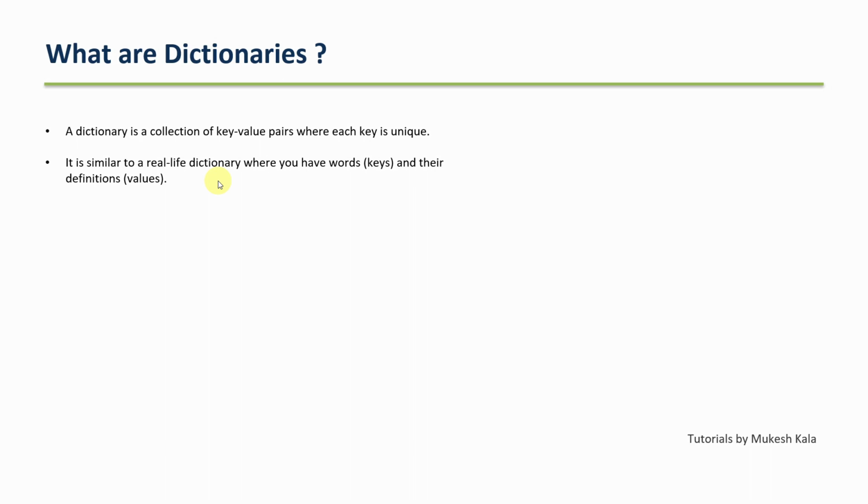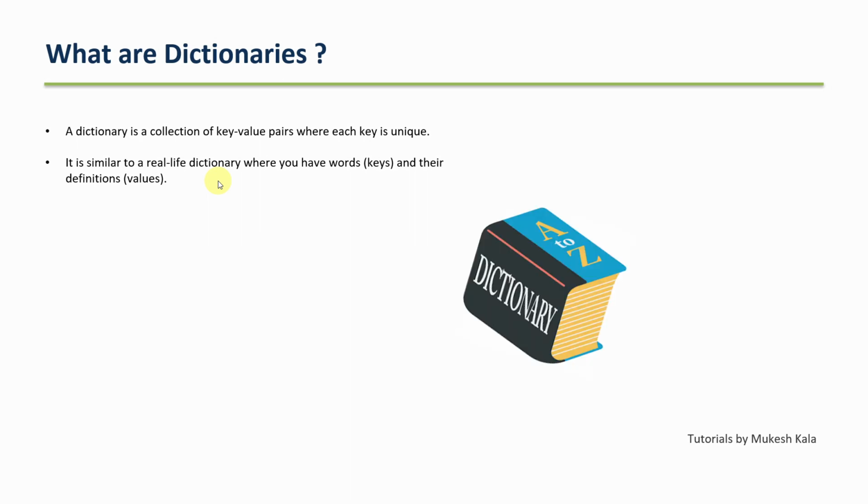When we actually do the implementation, you will get to understand, but you can relate a dictionary to a dictionary in real life. We all have dictionaries with us. Whenever I have to find some word, I go to the dictionary, I search the word, and for every word there is a meaning. So in the real world dictionary we have two things: a word and its meaning.